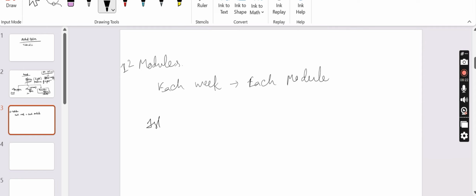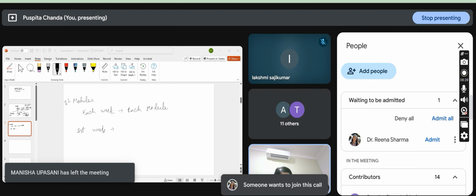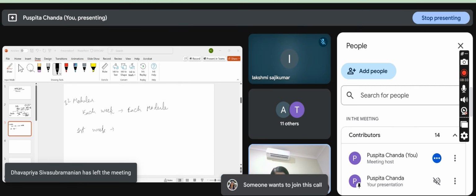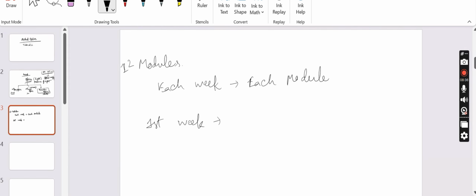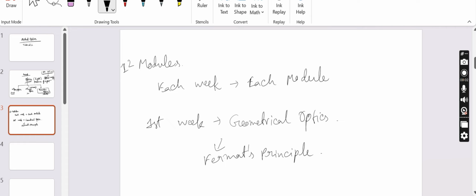In the first week we will discuss geometrical optics basically, and in that we will discuss the Fermat principle, law of reflection and refraction, and so on.